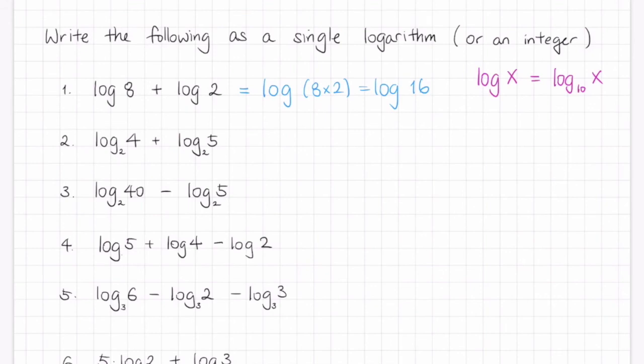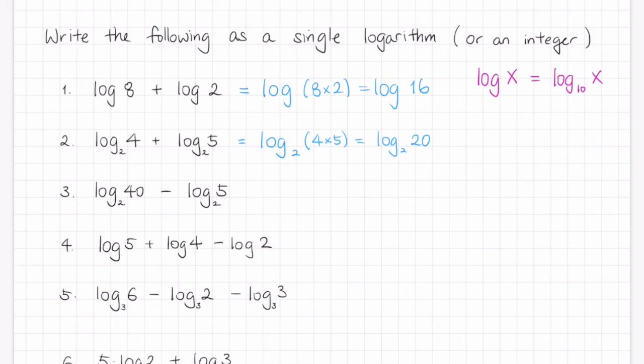And when I need to, I will write the base, if it's anything other than 10 or e, but we have a special symbol for log base e, and we'll talk about that later. And here I'm using the same rule, log base 2 of 4 times 5 is log base 2 of 20, and 20 is not 2 to the power of anything clean, so we're just going to leave it at that.